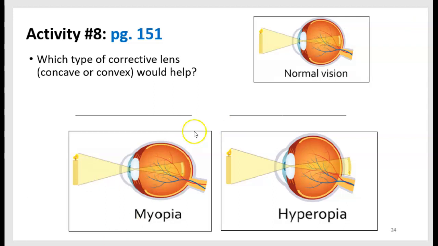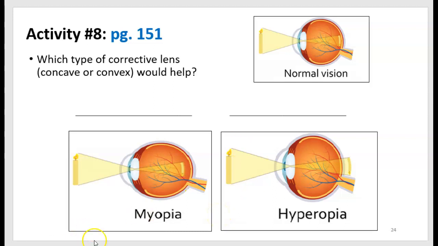But how could we correct for a situation where the eyeball is too long? With the same lens, the focused image does not fall on the retina. It falls in the vitreous humor. Those rays will continue out and make a bigger image on the retina, and so it'll appear blurry. How can we fix that? Would we want to bend those light rays more, or would we want to spread them out?